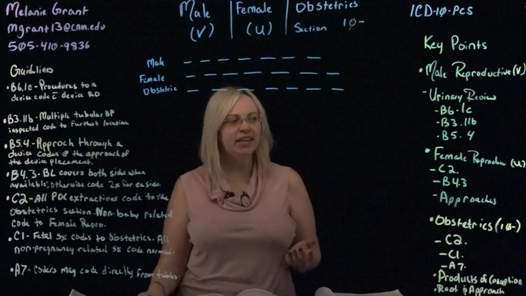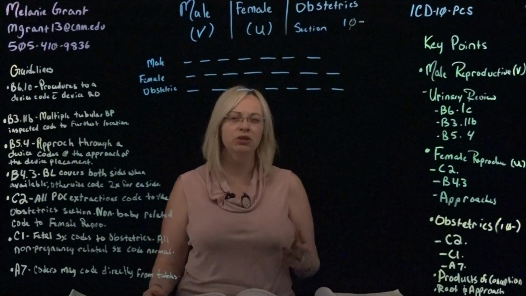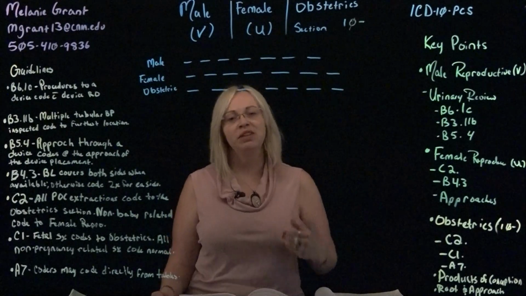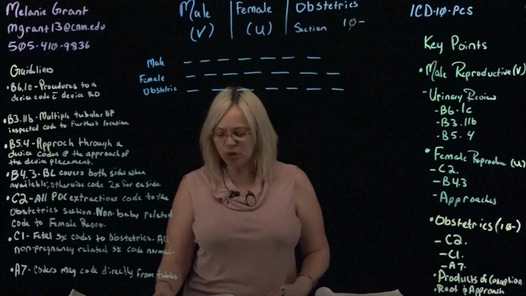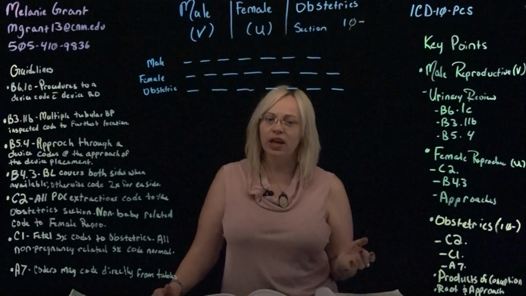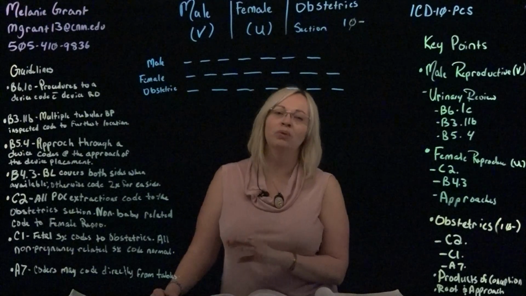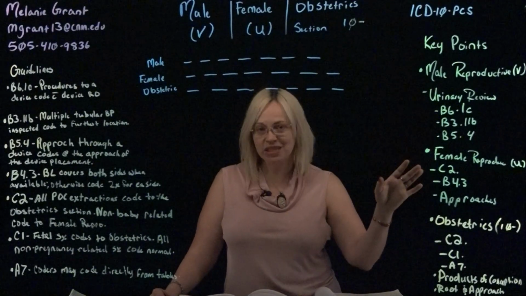So what this is saying is, and this applies really across the board in any circumstance, but you'll see it a lot more in male and female procedures, but you want to look at if a device is being coded, where is the device located? Is it located in the urethra or is it located somewhere within the male reproductive system?